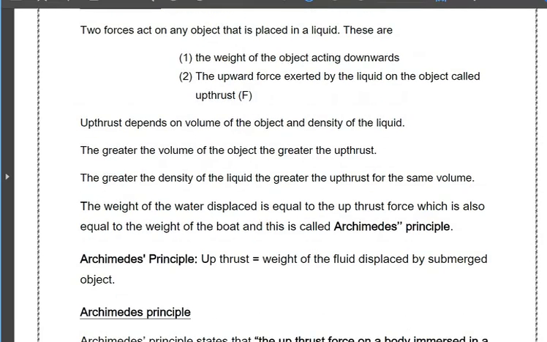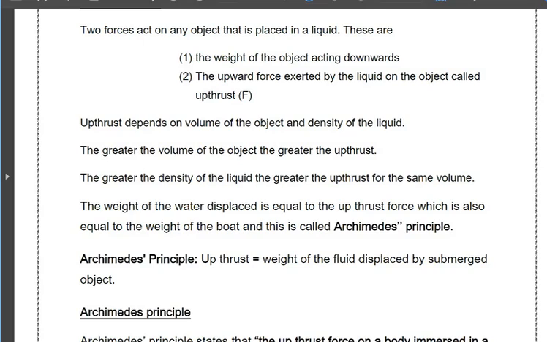If the upward force that is pushing the box upwards, like you've seen, there's a force exerted by the liquid that is pushing the box upwards. If that force is greater than the weight of the object itself, which is pushing the object downwards.